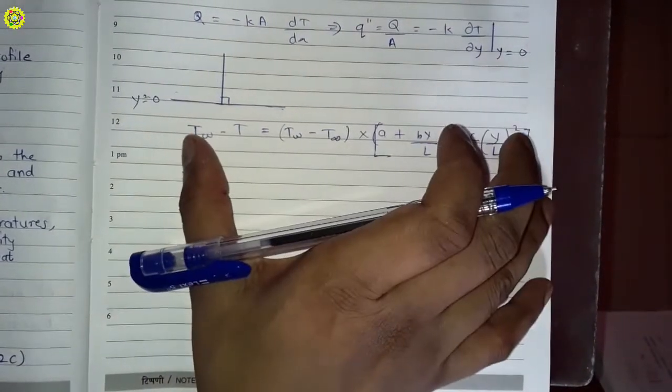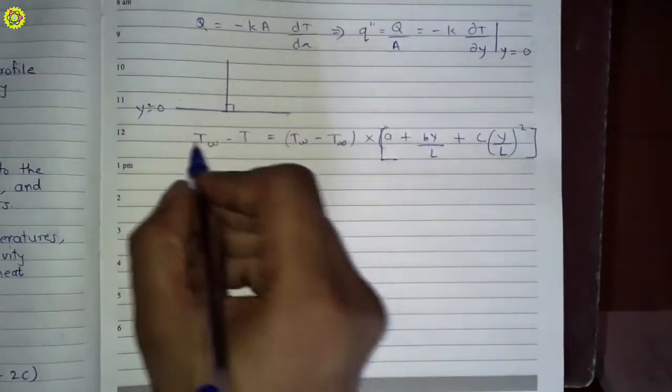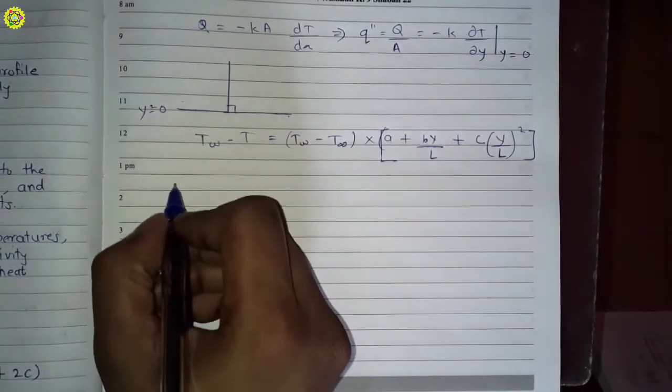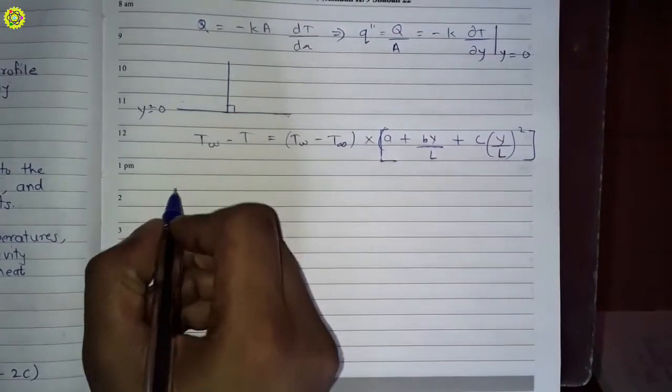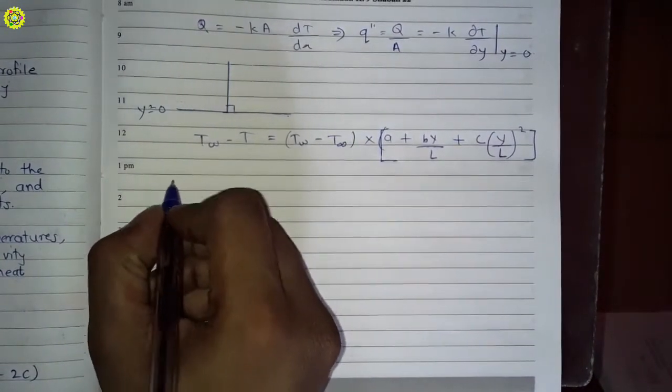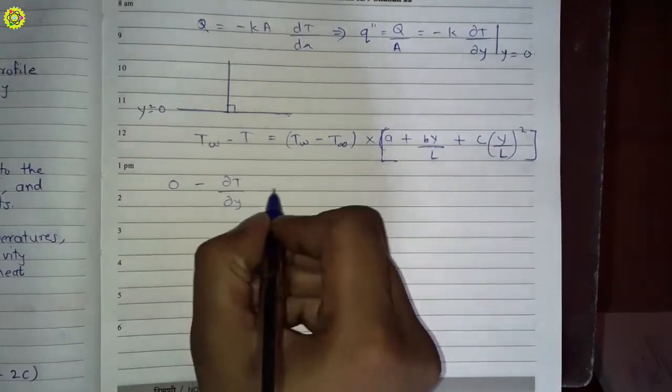Now friends, we will differentiate this whole term. We differentiate by dou T upon dou y. Here dTw is 0, minus dou T upon dou y.